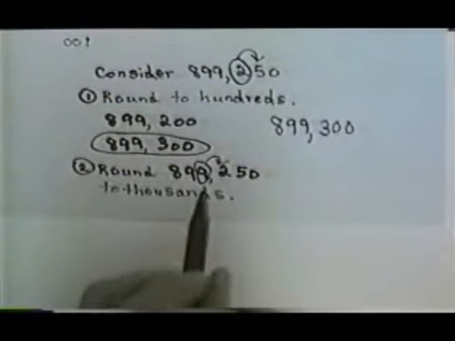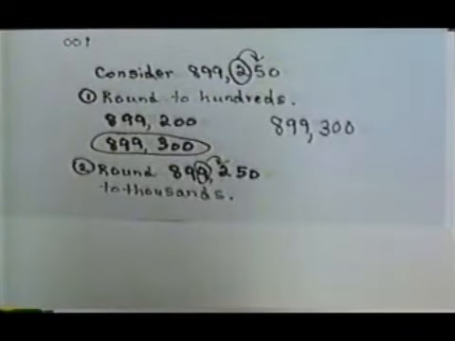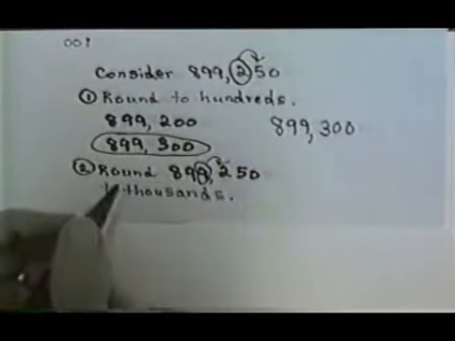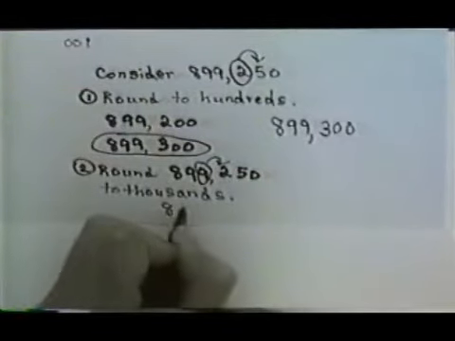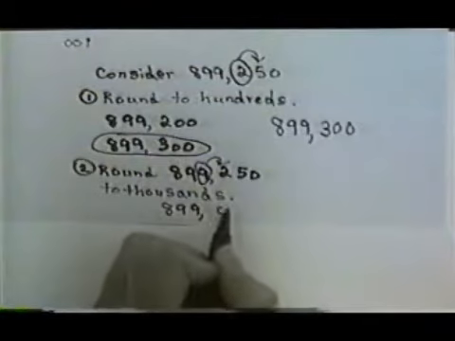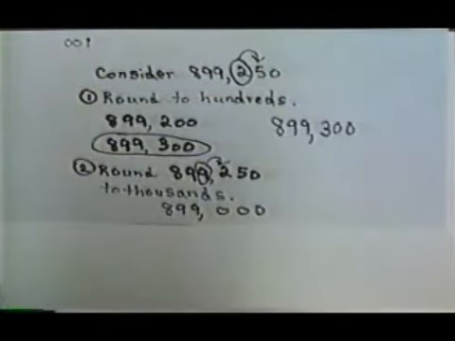It will tell us whether to leave that 9 or whether to take it up 1. When we look to the right, we see a 2, and since that's less than halfway, less than 5, we leave the 9 the way it is. So we'd write down 8, 9, 9, leave the 9 the way it is, fill in the other digits with zeros. So we'd have 899,000.